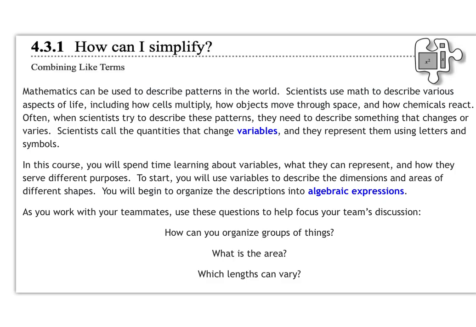Scientists call the quantities that change variables, and they represent them using letters and symbols. In this course, you will spend time learning about variables, what they represent, and how they serve different purposes. To start, you will use variables to describe the dimensions and areas of different shapes. You will begin to organize the descriptions into algebraic expressions.